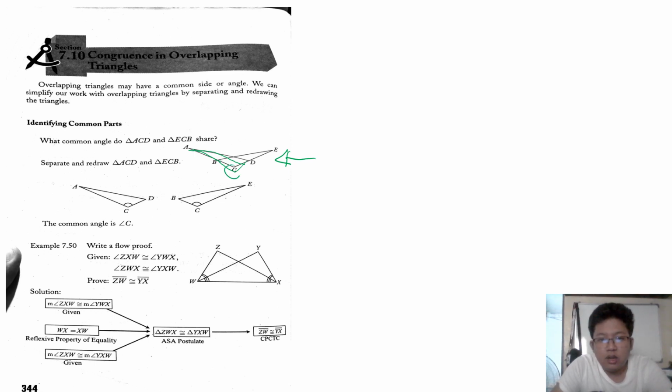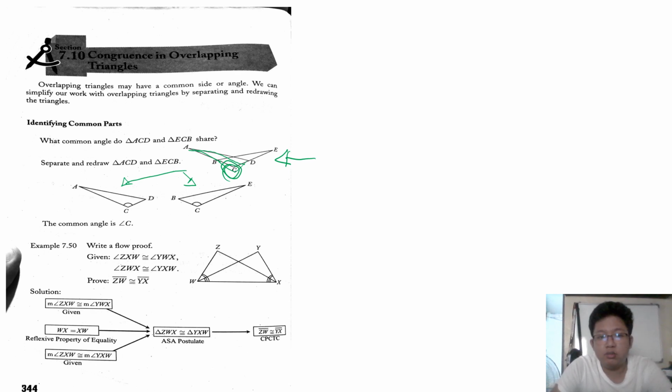So dito po, the common angle is angle C. Dinrawing niya dito sa book na to, pinaghiwalay yung dalawang triangle para mas makita yung pagkaparehas, or para makita as a whole yung dalawang triangle natin, yung overlapping triangles natin. Okay?